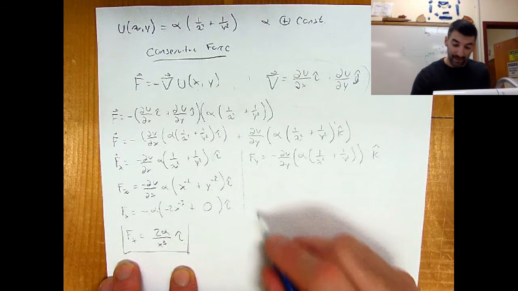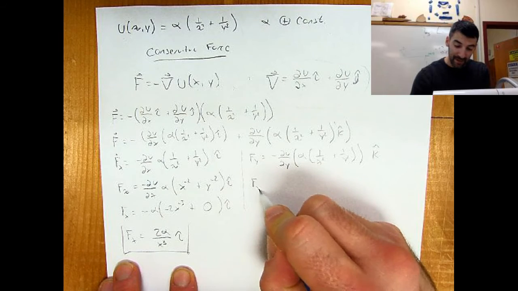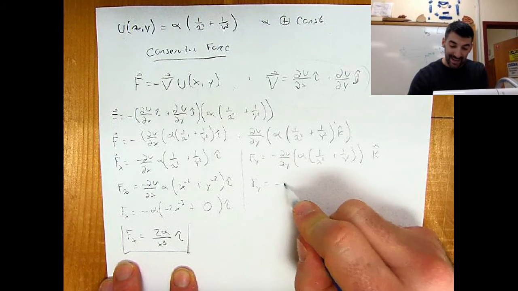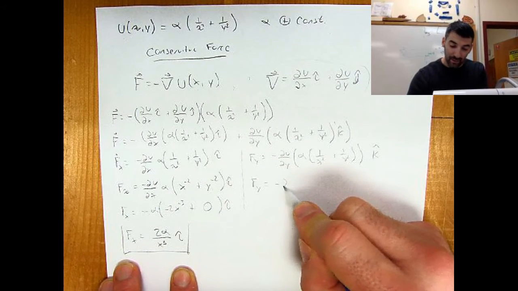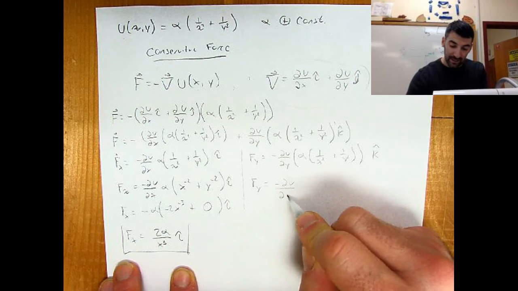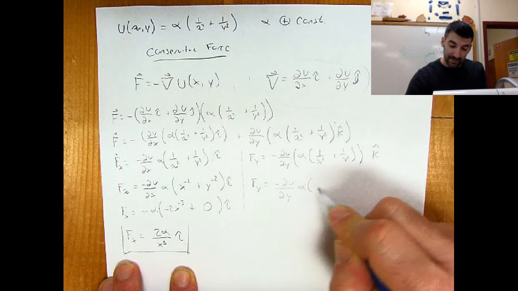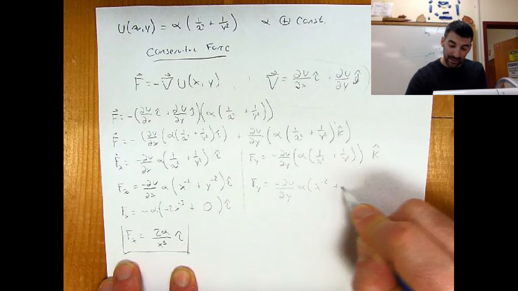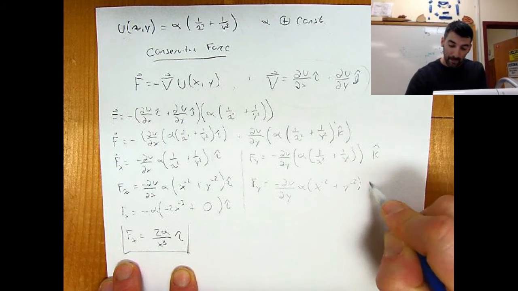I'll do the same thing on the other side. So now my f of y is again, not the best with derivatives, so going to make it a little bit easier for us to look at. Alpha times x to the negative 2 plus y to the negative 2.